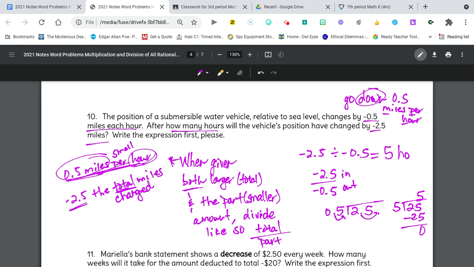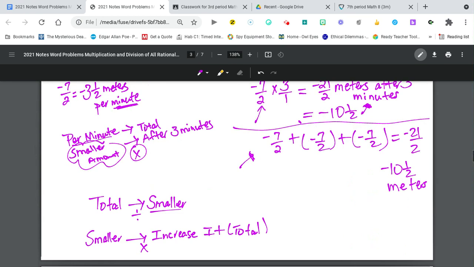So it took 5 hours, okay, for it to go from that negative 5 miles to 2.5 miles down, relative to sea level. Let me show you where else you had both the total and the part, and I should explain it like that up here.